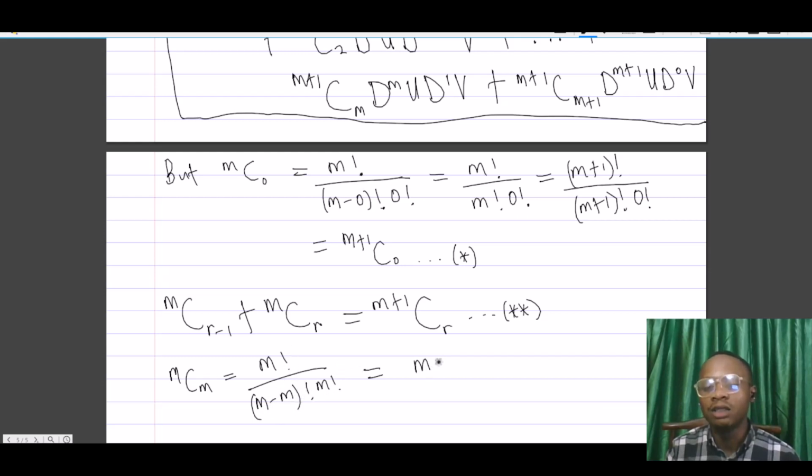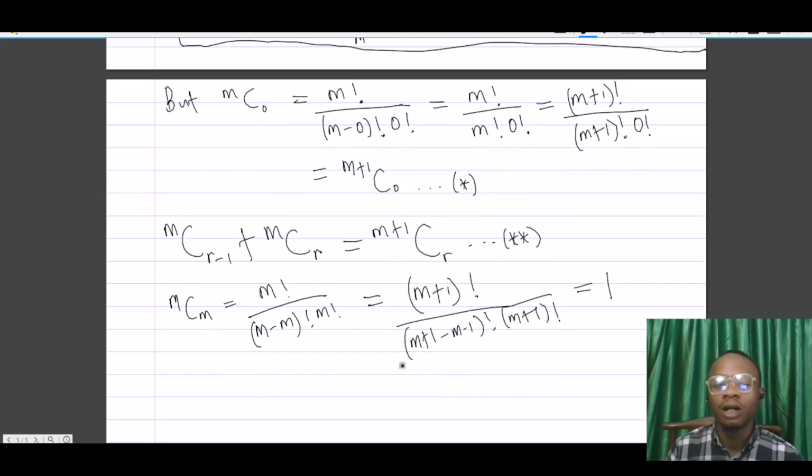And this is just the same thing as having m plus 1 factorial divided by m plus 1 minus m plus 1, that's minus m minus 1 factorial, then m plus 1 factorial. So it will not make any difference, this will still give us 1 anyway. So whether it is m combination m or m plus 1 combination m plus 1, they are the same. So we can call that equation star star star.